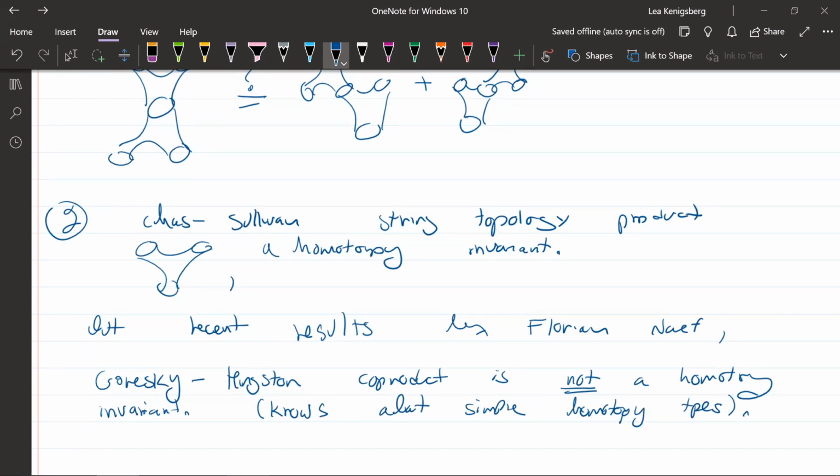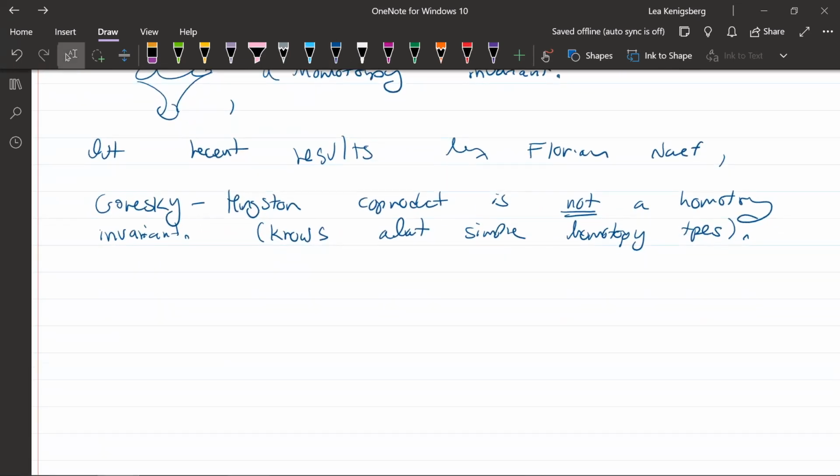So this tells you that the coproduct is actually a more interesting operation than the product, and that it knows information about the manifold more than just its homotopy type, and there is hope that at least in families it will know something more than just the simple homotopy type. Florian's result says that this coproduct knows about Whitehead torsion, but in families it might actually know more than just Whitehead torsion.